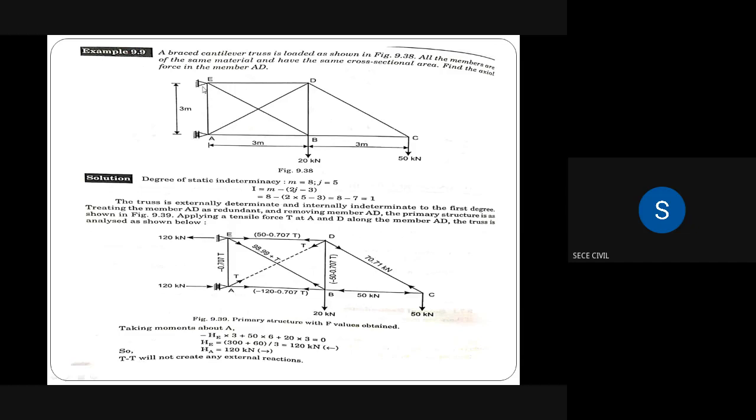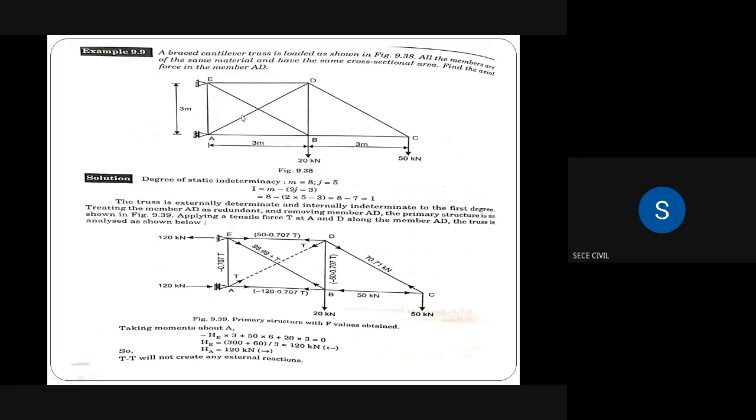A hinge support means 2 reactions, a roller support means 1. So the total number of reactions is 3, that is small r is equal to 3. Capital R, the number of equilibrium equations, is also 3. So small r minus capital R, 3 minus 3, is equal to 0. So the given problem has zero degree of external redundancy.